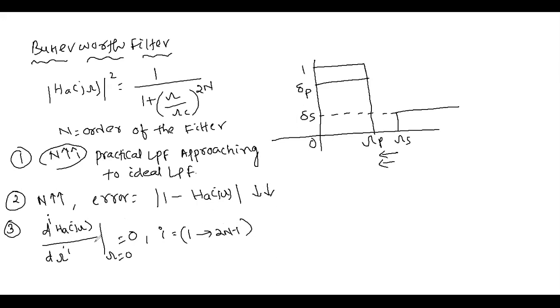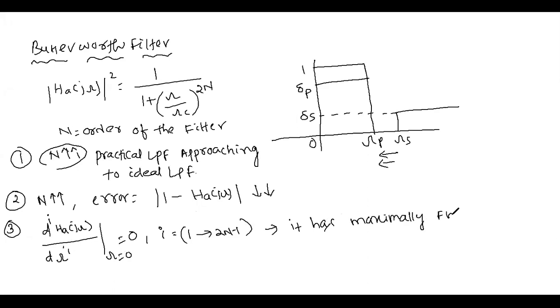That's why its differentiation equals 0 for more number of differentiations, not just the first differentiation. In case of Butterworth filter, the differentiation of its magnitude gives 0 value for many differentiations. Hence, it has maximally flat.